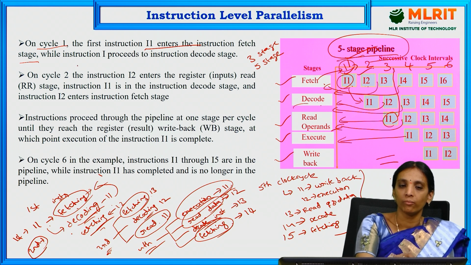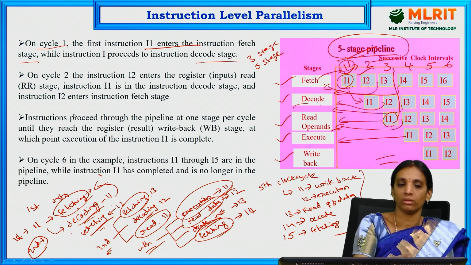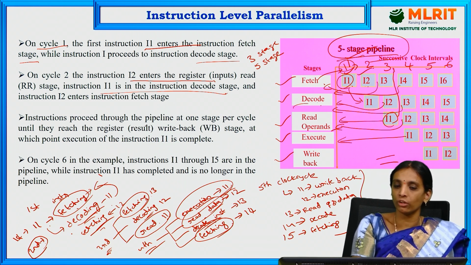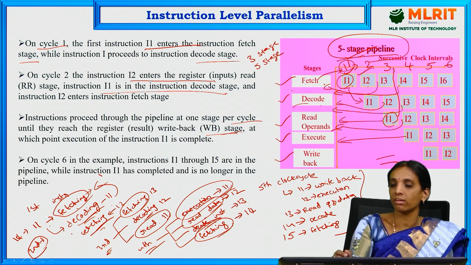In cycle 2, the second instruction enters the fetch stage and the first instruction proceeds to the decode stage. The instructions proceed through the pipeline at one stage per cycle until they reach the register write back stage. So from fetch to write back, each instruction is followed through the clock cycles.